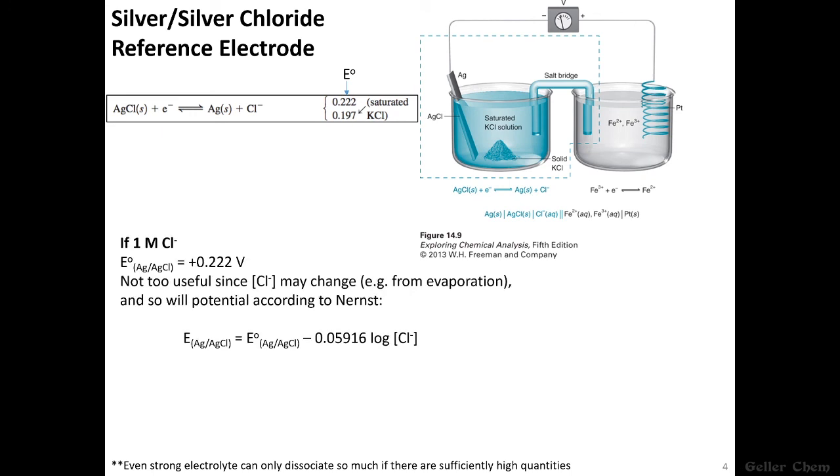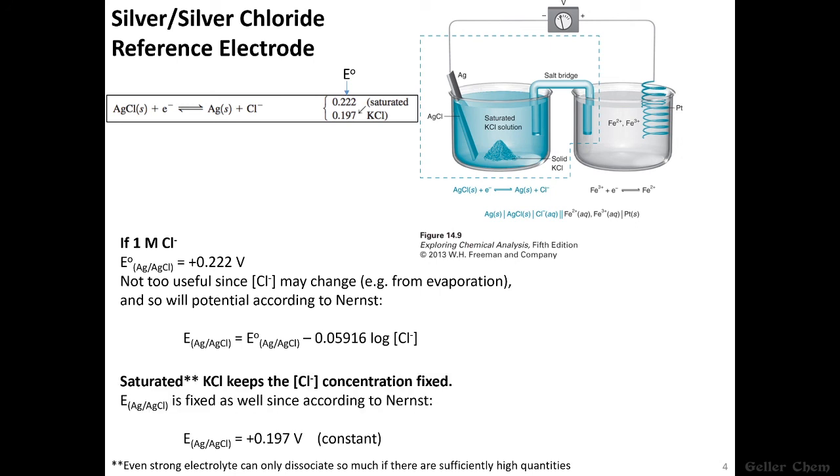If you had that reference electrode at 1 molar, i.e. standard state, you'd have that plus 0.222 volts, but it's not very useful since that chloride concentration may change over time, and thus so will the potential according to the Nernst equation. But when we saturate it, we fix it at a constant value, plus 0.197 volts, and that's super important.